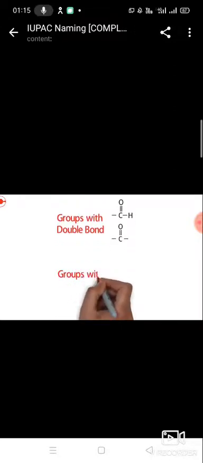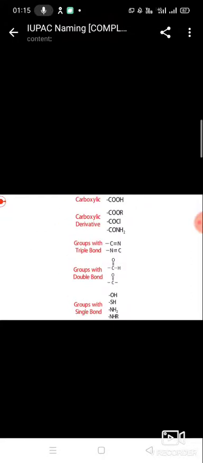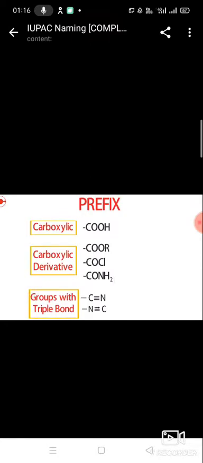Groups with a double bond: CHO, C double bond O. Groups with a single bond: OH, SH, NH2, NHR, NR2. So carboxylic acid, carboxylic derivatives, groups with a triple bond, groups with a double bond.